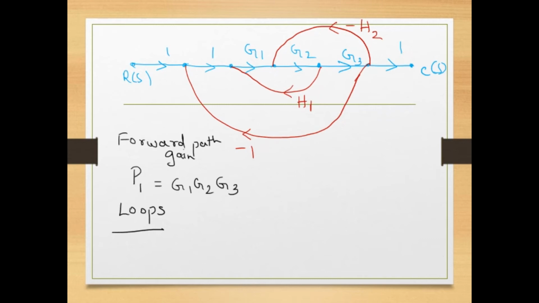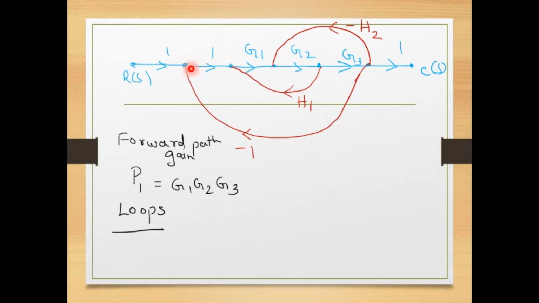First one of its kind is this. One branch starts here, travels with a gain of G2, G3 and comes back to the same point with the gain minus H2. This is one loop. One more loop starts from this one, G1, G2 and H1.